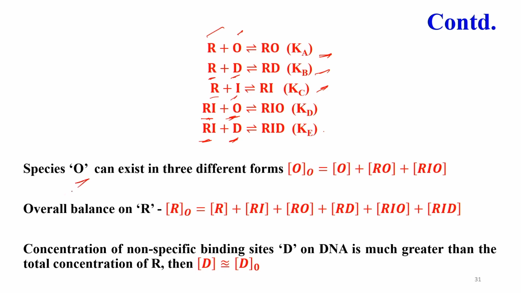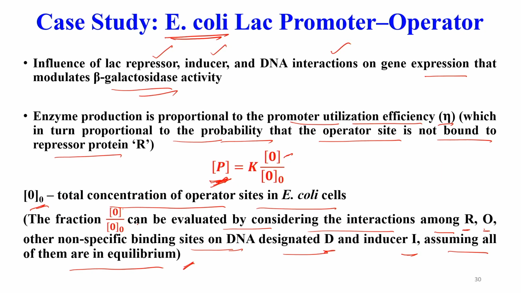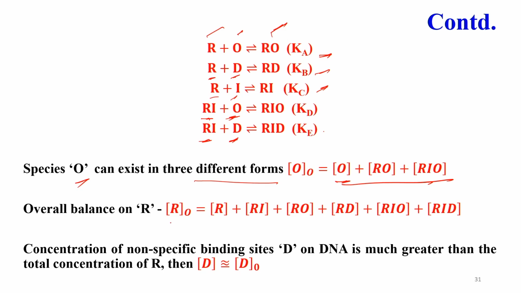Now, let us see species O, it exists in 3 different forms, that is O itself, RO as well as RIO. And if we just see the overall balance on the repressor molecule, then R naught equals R plus RI plus RO, RD, RIO and RID.